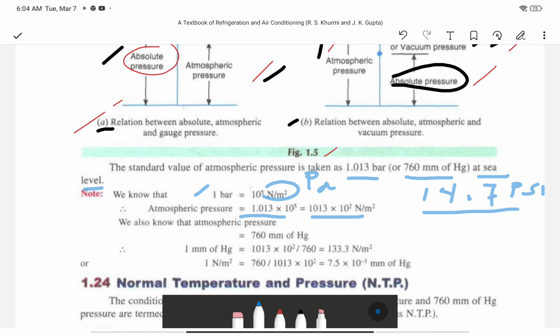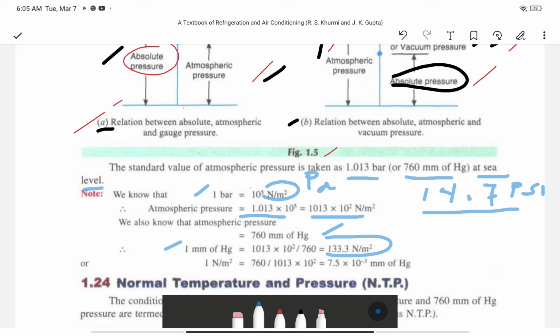It is also known as 760 mm of mercury, wherein 1 mm of mercury is equal to 133.3 Newton per square meter.